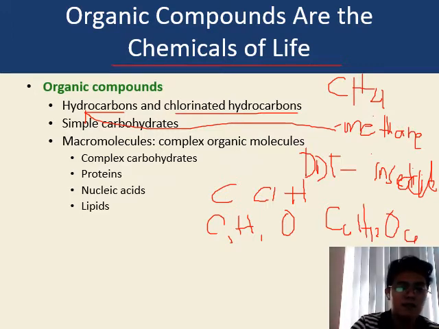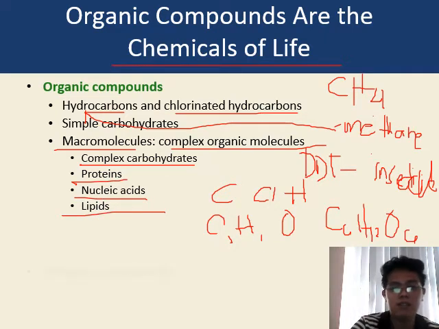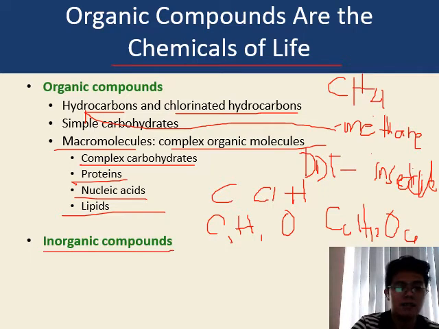And we also have macromolecules or complex organic molecules. Example to that are complex carbohydrates, proteins, nucleic acids, and lipids. Now next to organic compounds, we also have inorganic compounds. Inorganic compounds are those compounds without the presence of the carbon atom.